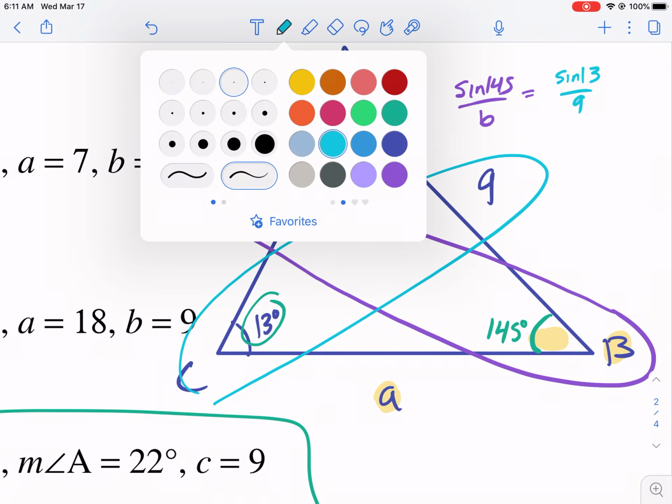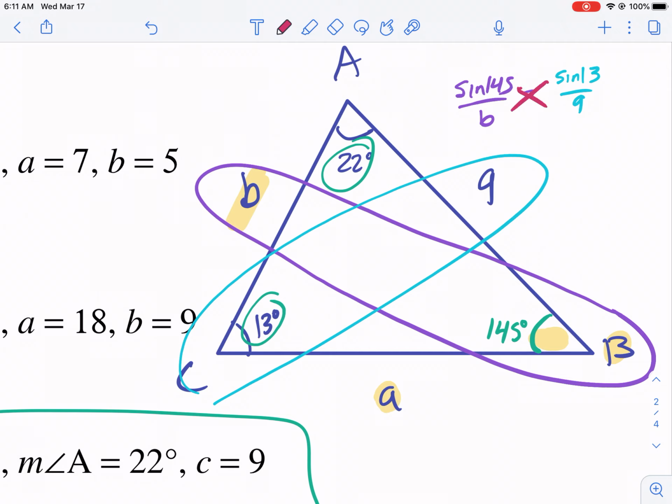So I'm going to cross multiply just as I've been doing before. Go ahead and try it on your own. I'm going to just do this quickly: 9 times sine 145 and divide by sine 13. So I get b equals 22.948. I'm going to leave it like that. I want as many digits as possible.